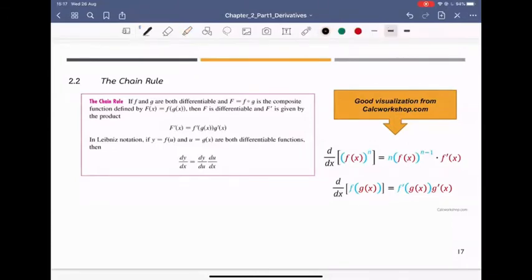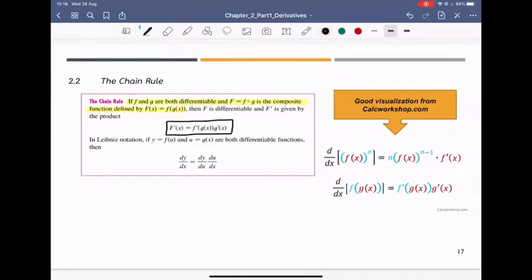So the statement of the chain rule is here. So if f and g are both differentiable and you have the composite function f of g, then you can differentiate the composite function by using this formula.